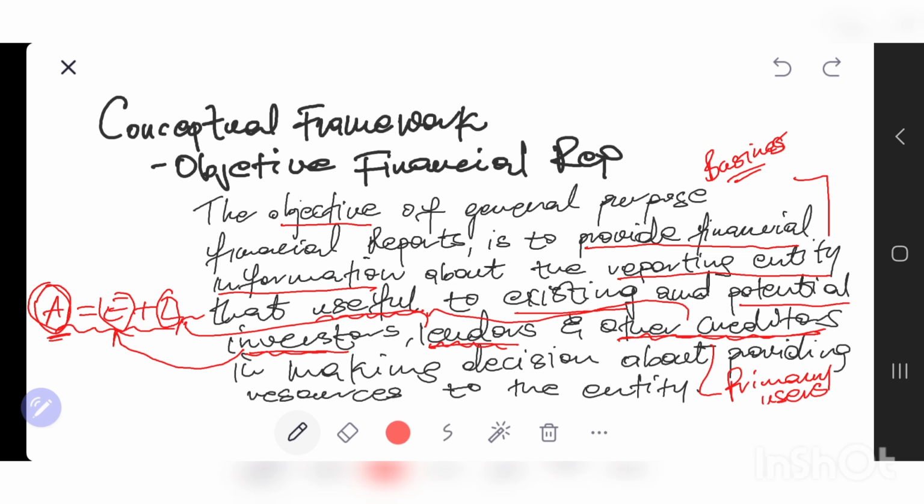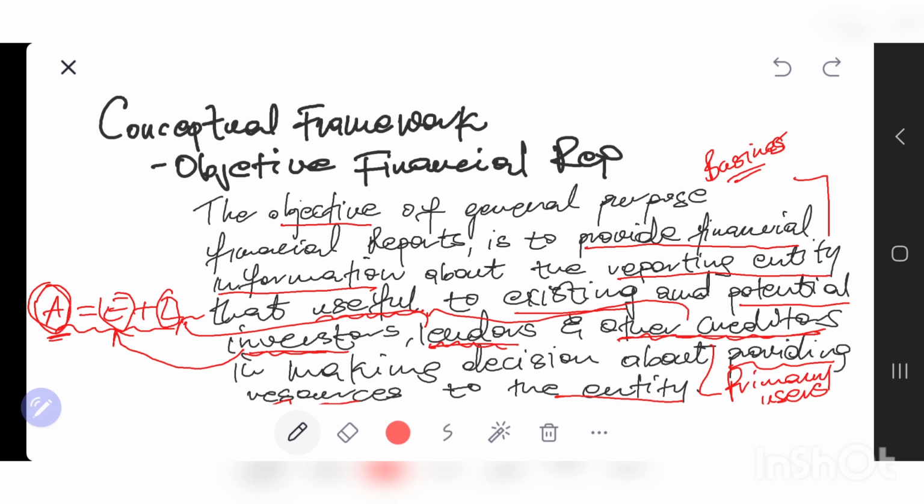And so these people want to know what happened to the resources that they have provided into the business, so that they can make decisions about providing resources to the entity. If you have already invested money into a certain business, you would want to know if you should continue investing or not. If you have lent money to a particular business, you would want to know if you should continue giving those people your funds, and whether they are making profit so that they can pay you back.